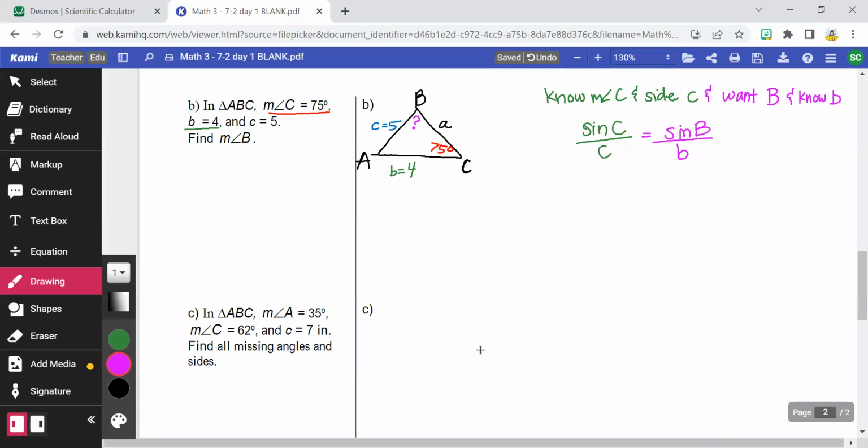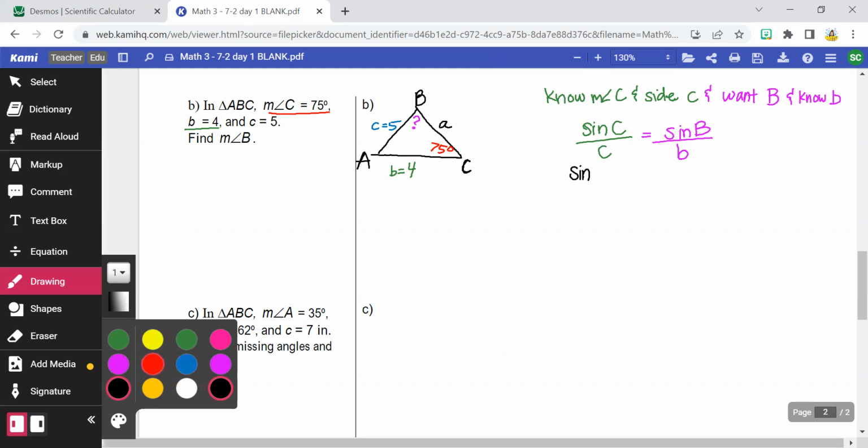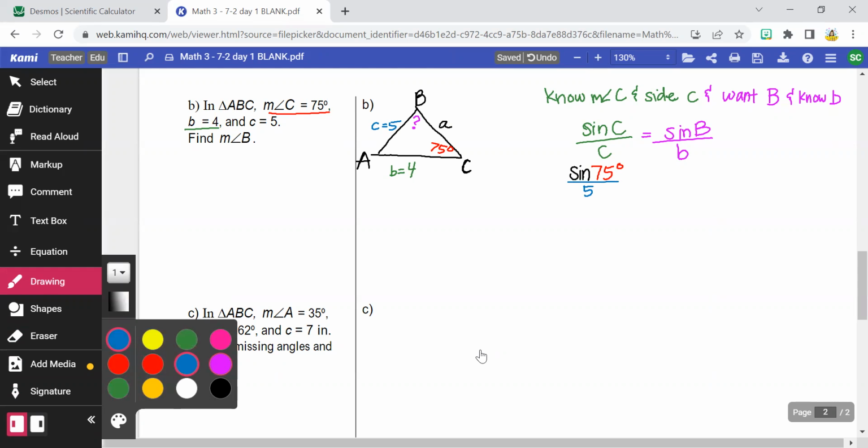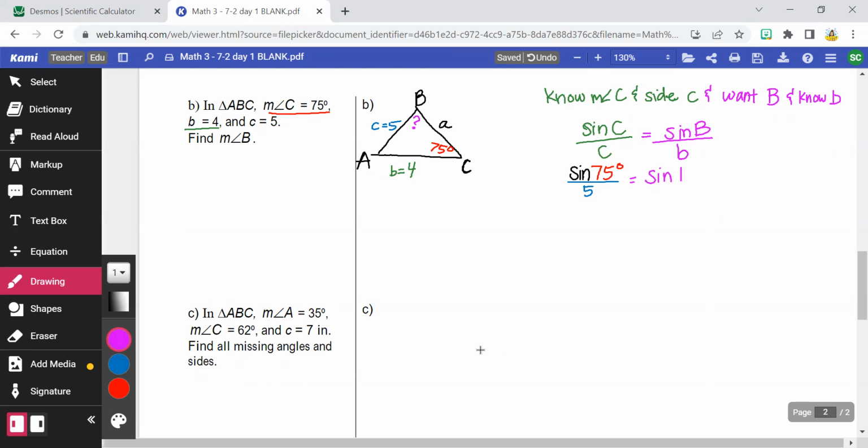Okay, so let's plug in. So sine of C is 75 degrees. So sine of 75 degrees over 5 is equal to, my unknown is this angle, so sine of B over side B is 4.